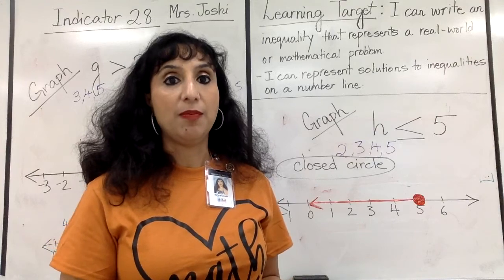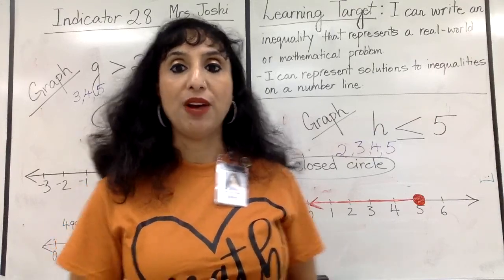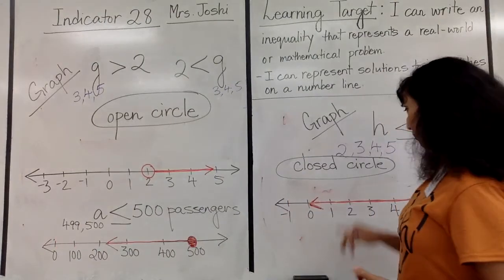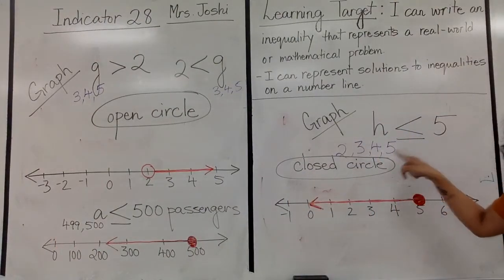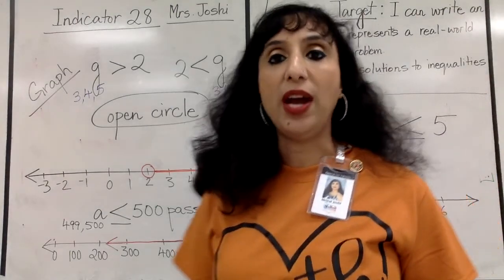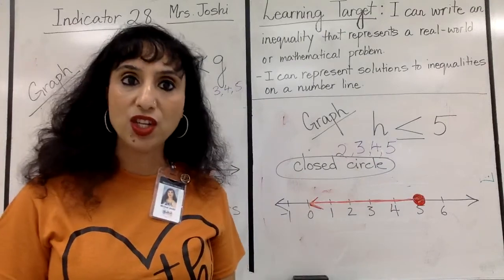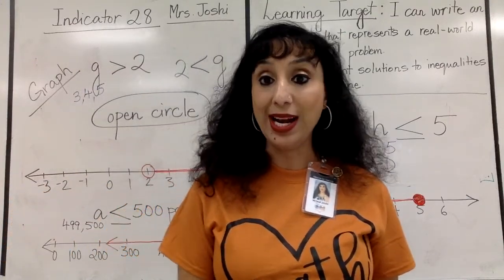That means you better be 4 feet or more. So think about what you're doing, and put values on the inequality that you're writing out so that you know what the variable represents, so that you make sure that your arrow is going in the correct direction and whether you're having an open circle or a closed circle.